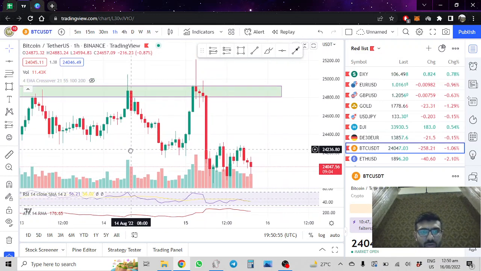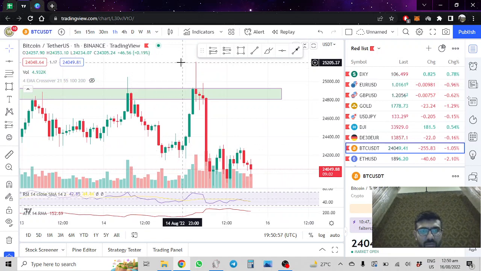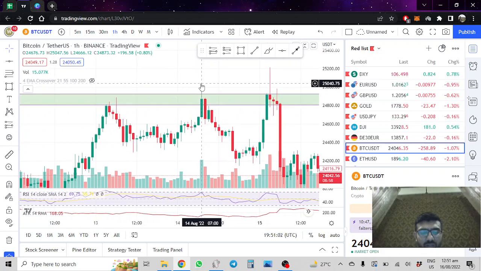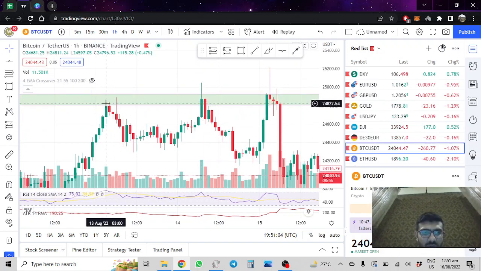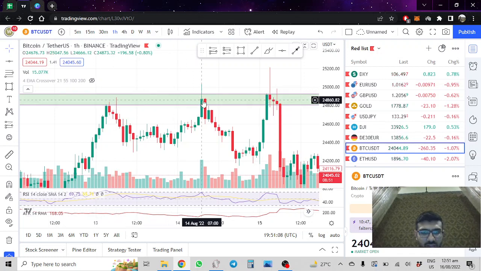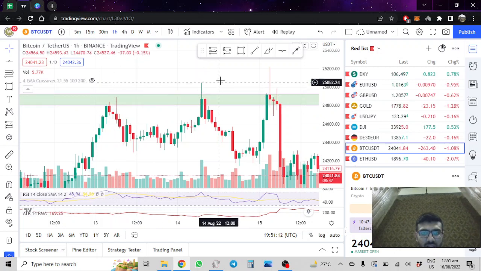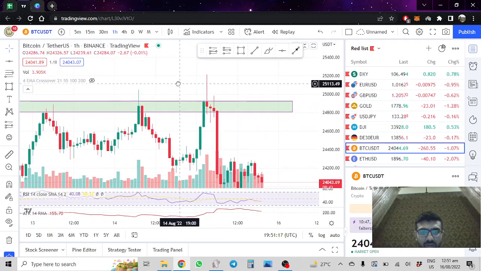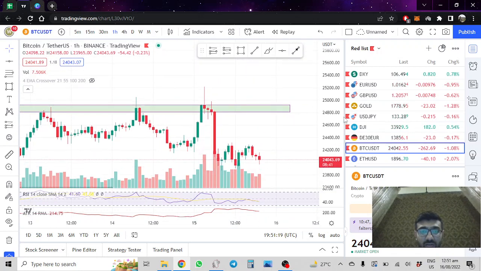We have a wick going up, taking out all the liquidations over here. You see how the liquidations are taken out from here, and in the next move, the liquidations are taken out from here again. So what are we seeing? We are seeing constant liquidations.